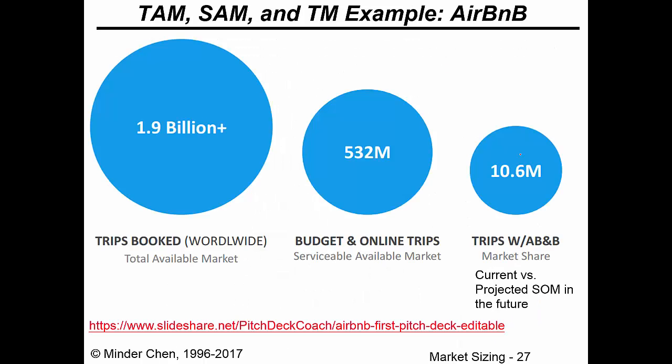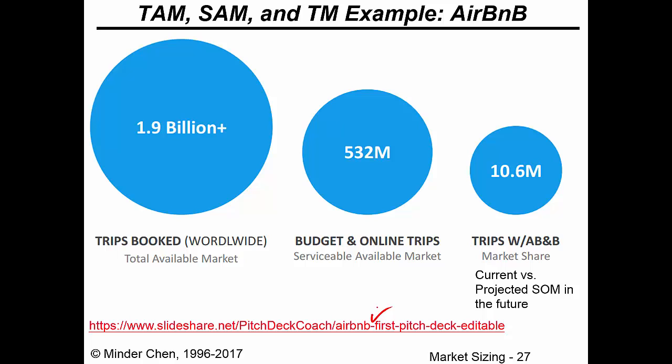The market sizing information a lot of time will be used in the pitching of your startup business. This is an example of Airbnb's pitching deck. You can find it here. And Airbnb is actually an example of sharing economy, which means that you can rent out a room or even a house for travelers.